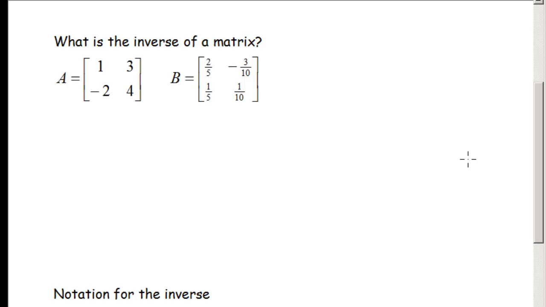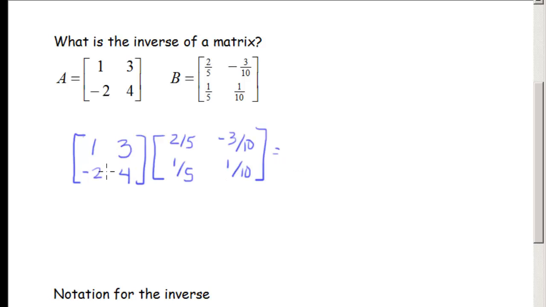When we have two matrices that are inverses, they have a special property. And these two matrices are inverses, so let's see what happens. When we take these matrices and we multiply them together, remember how this works. You're going to take the rows of the first matrix and multiply by the columns of the second matrix.